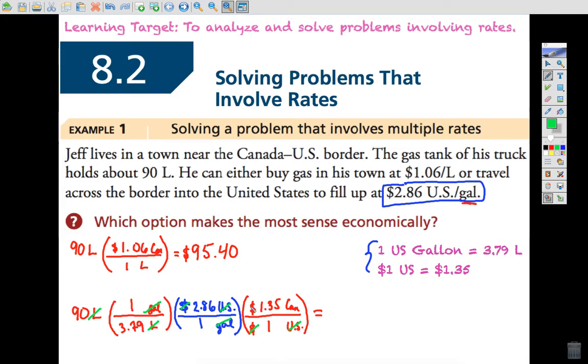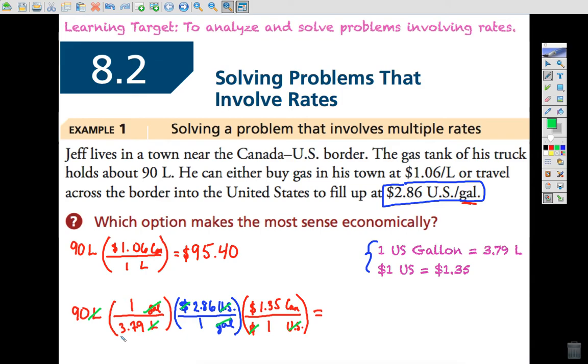Now, as far as the procedure goes, I'm going to do 90 times 1 times 2.86 times 1.35, find out what that number is, and divide it by 3.79 multiplied by 1 multiplied by 1. So that's really just going to be 3.79.